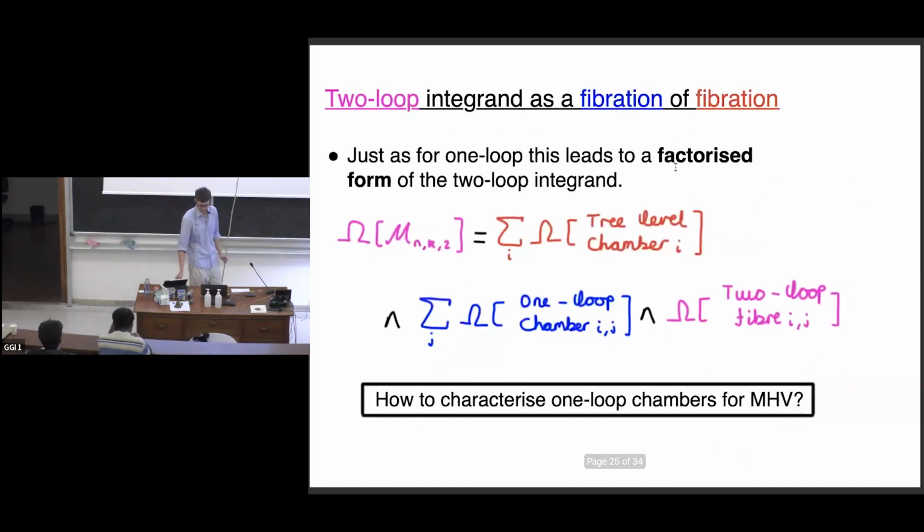So at the level of canonical forms, we have a similar situation as before. So we have a sum over tree level chambers, an additional sum over one loop chambers, canonical form for the tree level chamber, canonical form for the one loop chamber, and finally the canonical form of the two loop fiber.